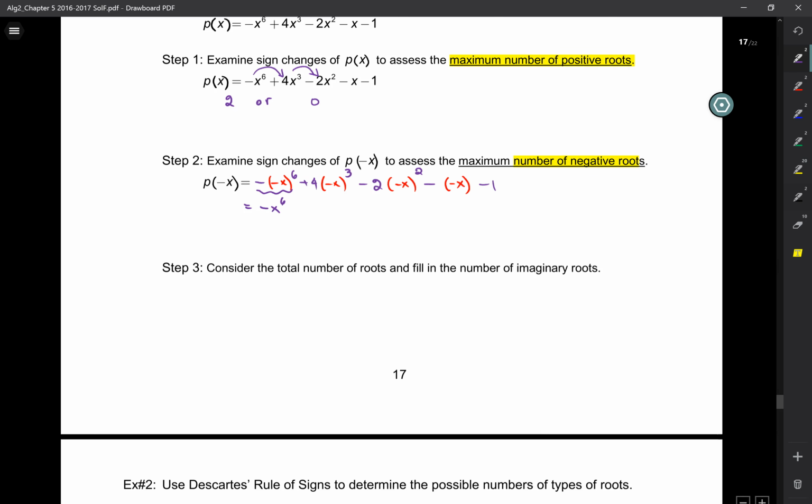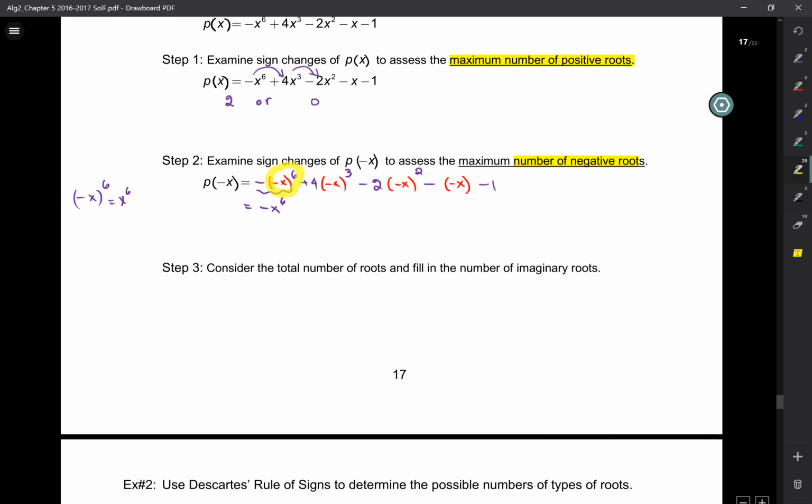Negative x to the power of 6, just the red one, will be positive x to the 6, right?